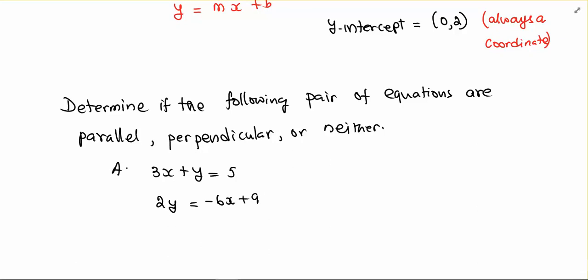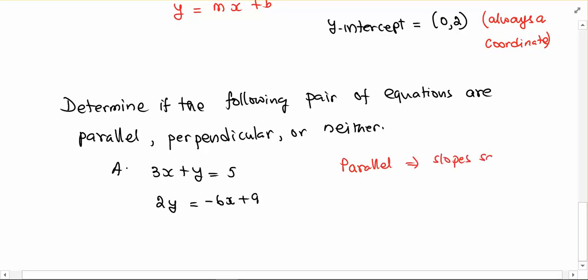So if you recollect, to be parallel, slopes are the same. To be perpendicular, slopes are negative reciprocals.